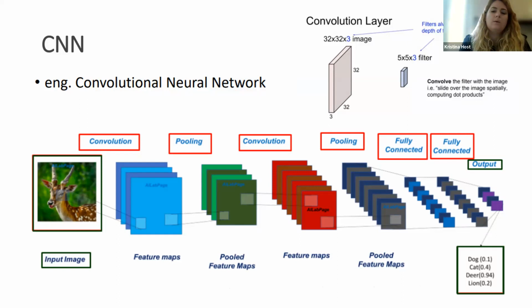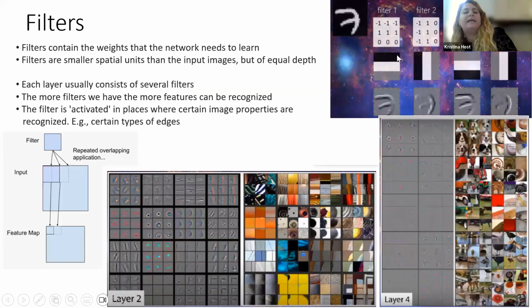So if we have a 32 by 32 by 3 image, the filter will also have a depth of 3, but of smaller size. The filter contains the weights that the network needs to learn and is a smaller spatial unit than the input image, but of equal depth.